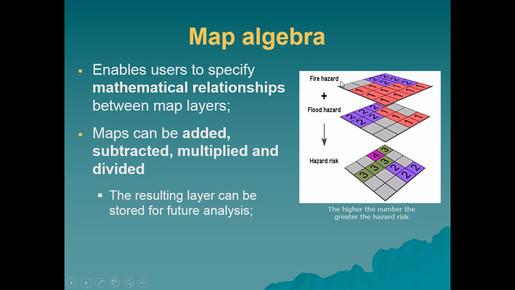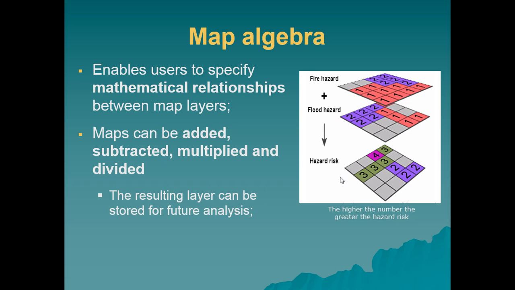So if you recall, we have the two layers: this fire hazard layer and flood hazard layer. Each value is a reflection of the level of the hazard. In this example, we add them together in order to produce a result that is called a hazard risk map.